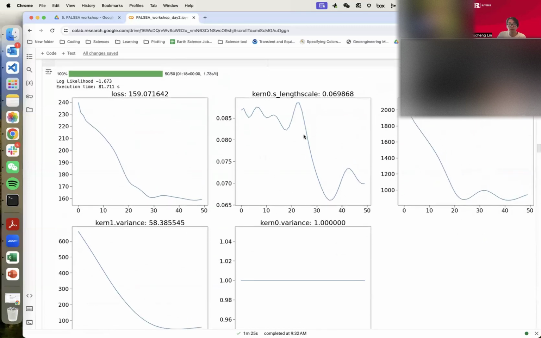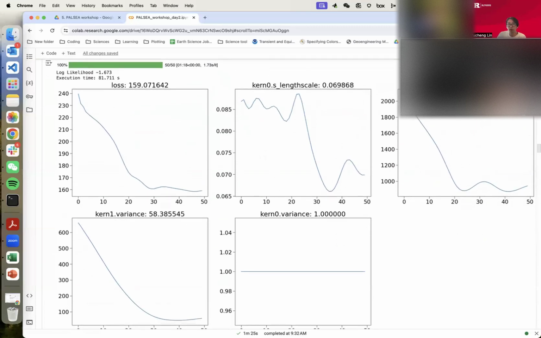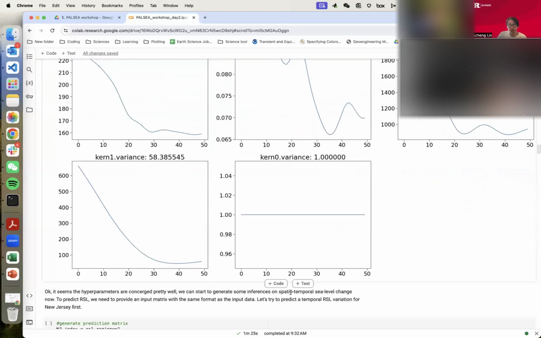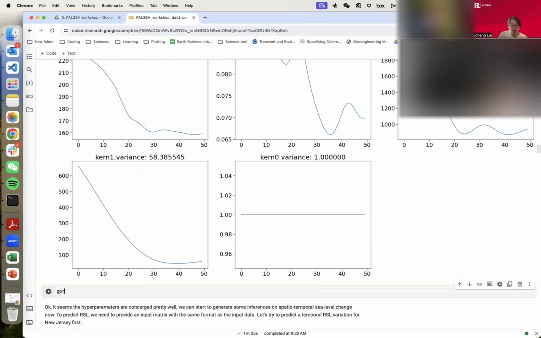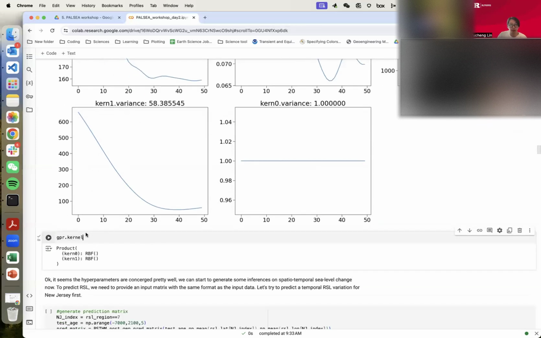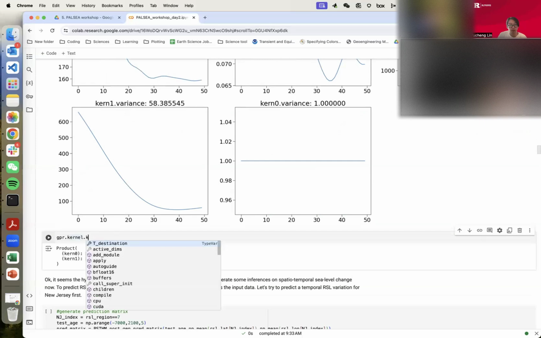Now I want to explain a little more about what kernel, ker0, ker1 mean here. Our Gaussian process model contains a lot of kernels, so you can think of this kernel as a product of many kernels.